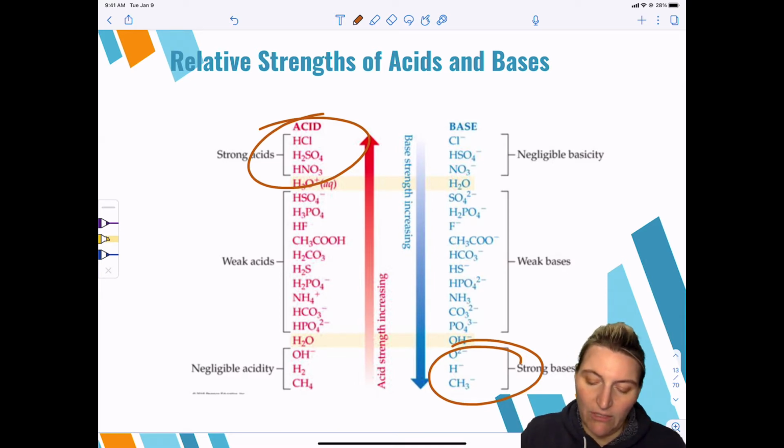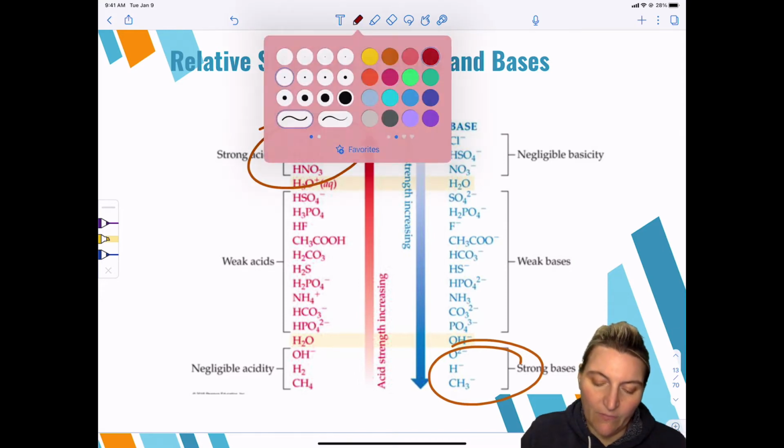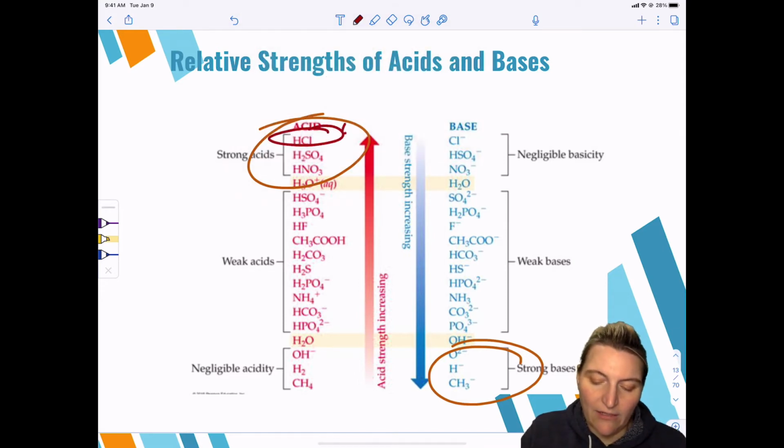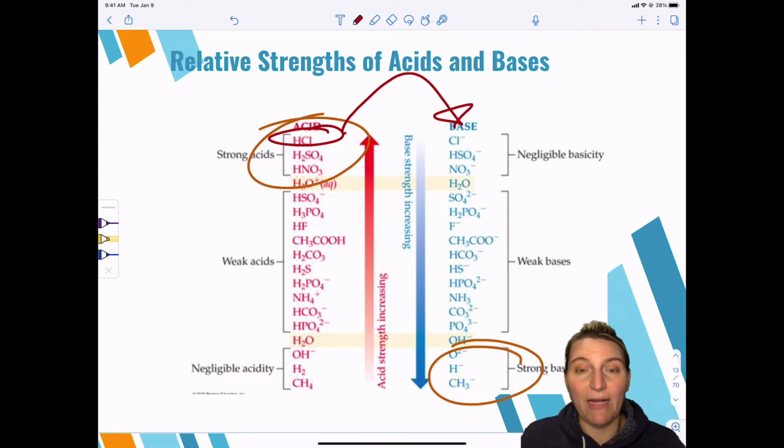You can also see that if you are a strong acid, this would be your conjugate base. And what we will notice is that the stronger the acid, the weaker the conjugate base. So we're talking about how much will you take a hydrogen ion, right?